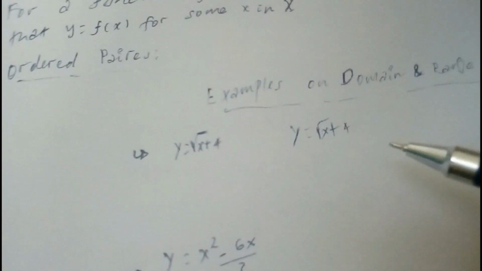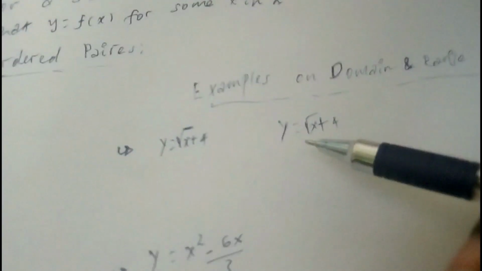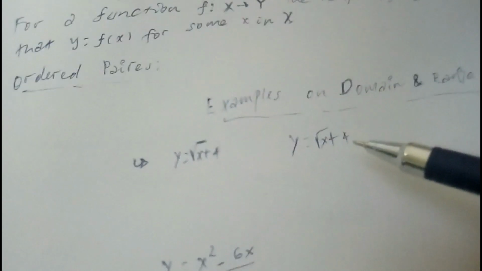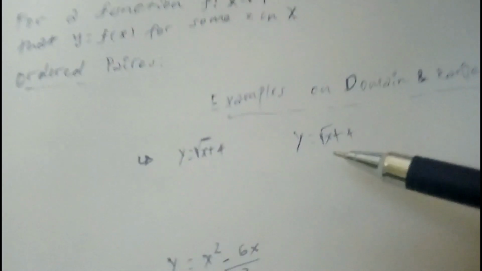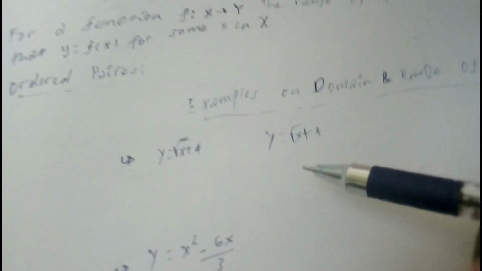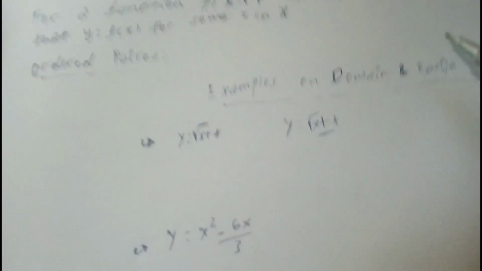So for the function y equals radical x plus 4 to be valid, we can't get negative values out of the radical. So x plus 4 must be greater than or equal to 0.